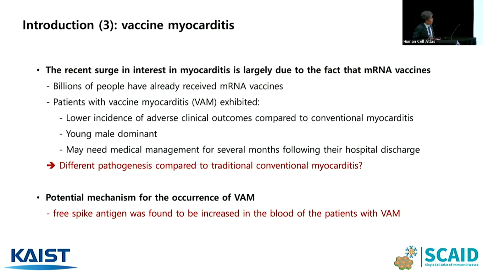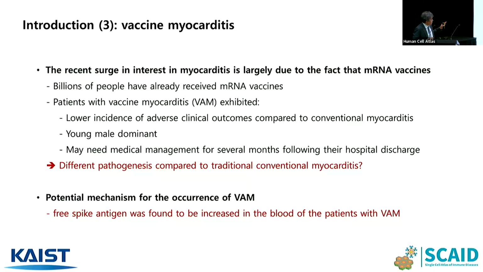And another category is the vaccine myocarditis. Compared to conventional myocarditis, there is a low incidence of adverse clinical outcomes, it is young male dominant, and it may need medical management for several months. So it implies that there will be some potential difference in the pathogenesis mechanism.